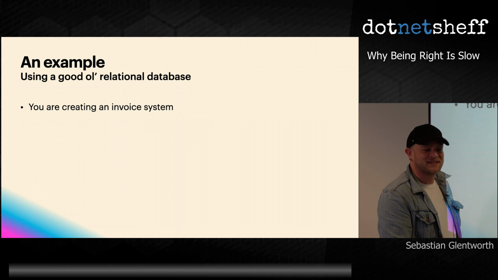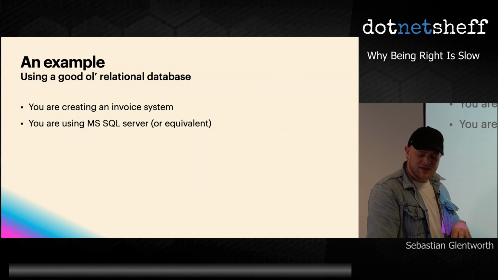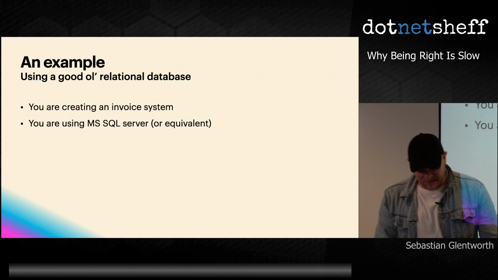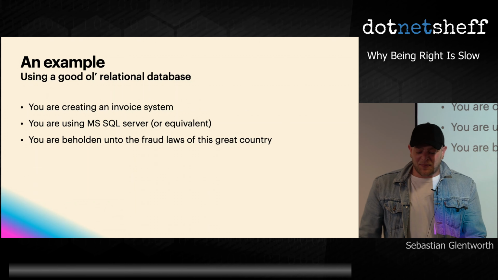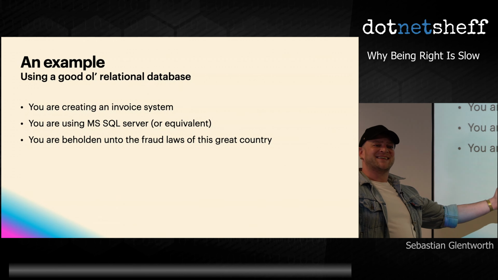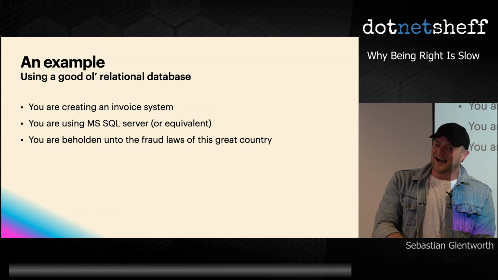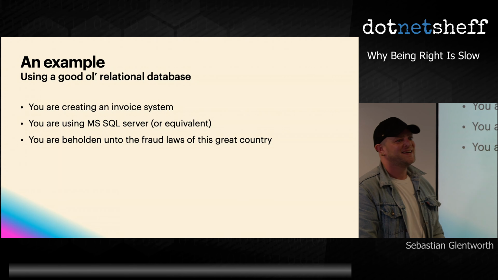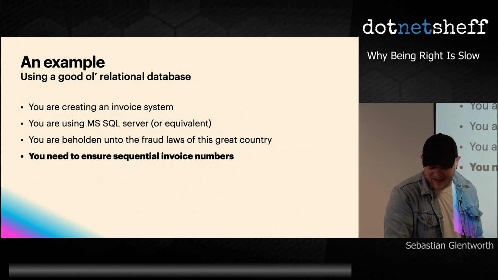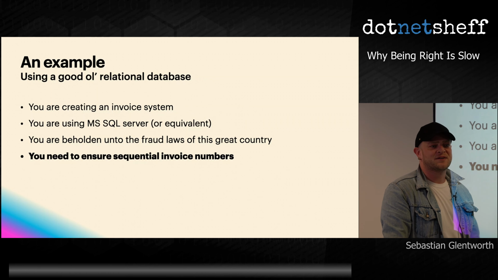You're creating an invoice system using MS SQL Server or equivalent. You are beholden unto the fraud laws of the United Kingdom, i.e., if you get caught out, you get caught out. And you need to ensure that you have sequential invoice numbers.